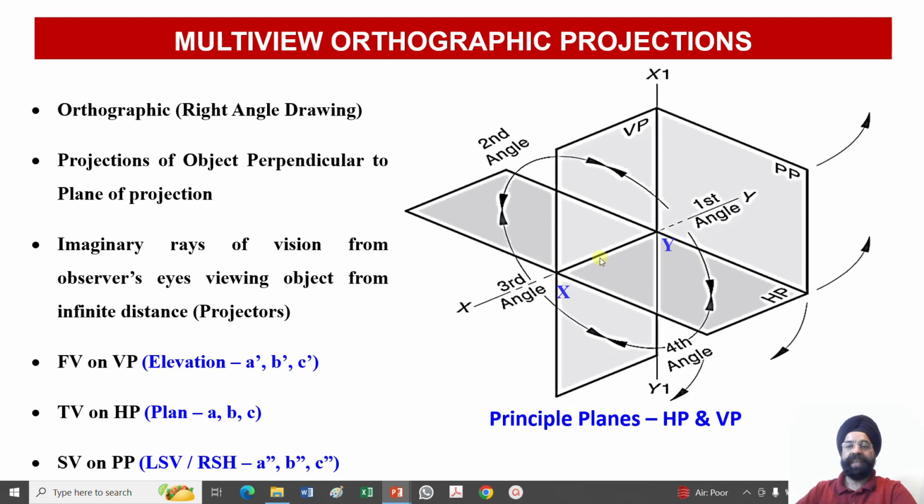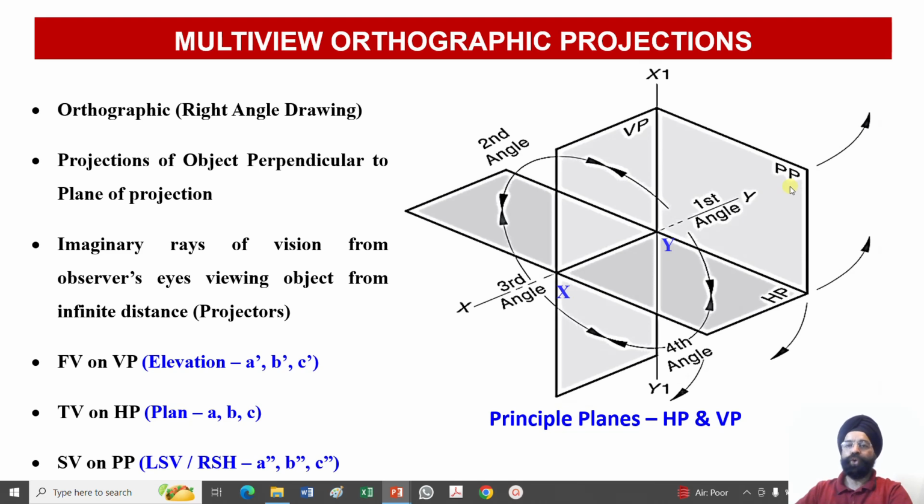So here you can see this is my xy, this is my x1 y1. Now we have discussed three planes. One is horizontal plane, this is my first reference plane. Then the second reference plane is my vertical plane, and the third reference plane is my profile plane.